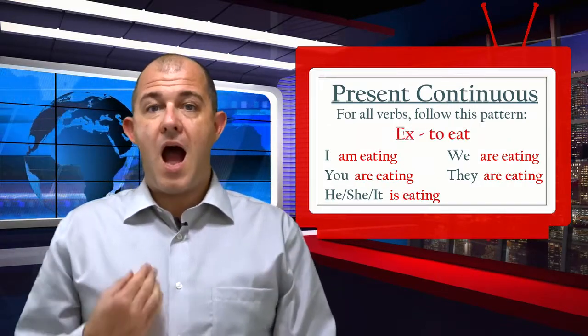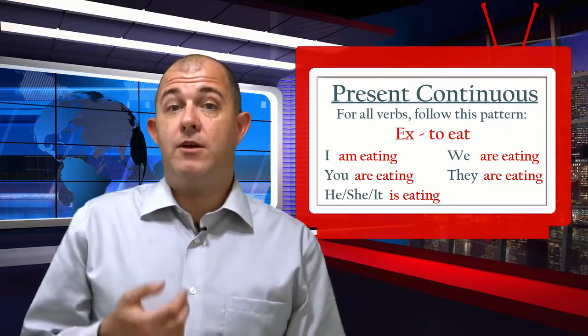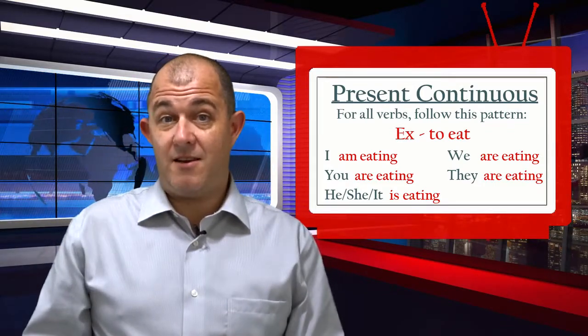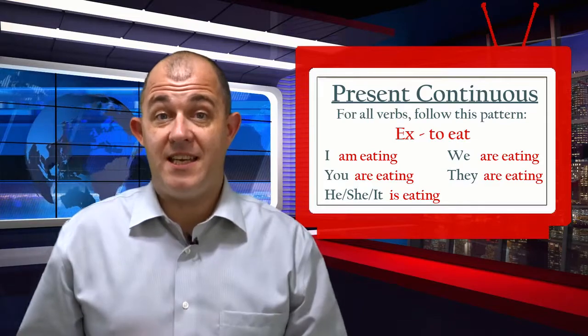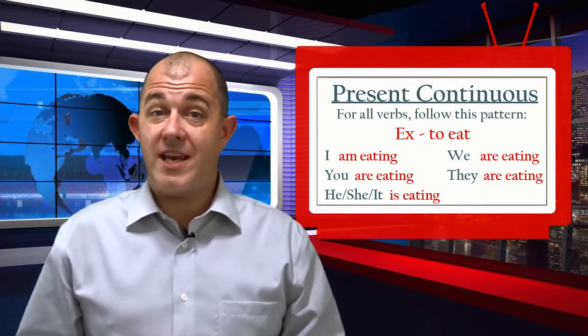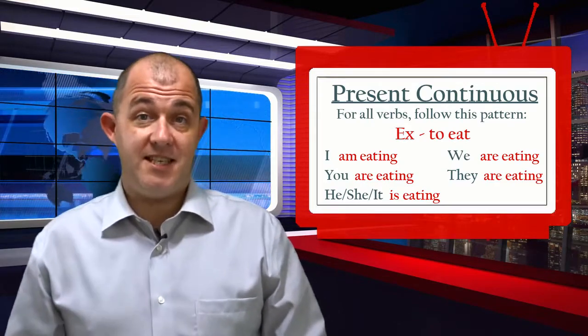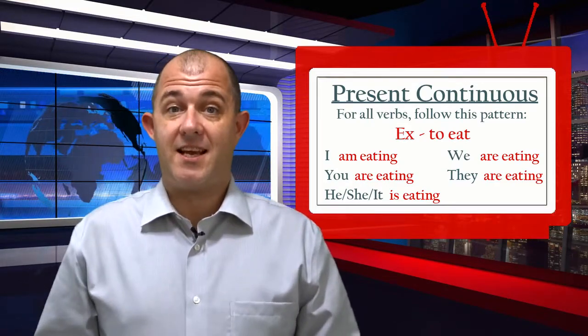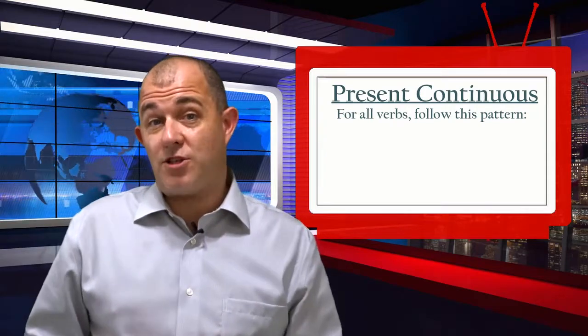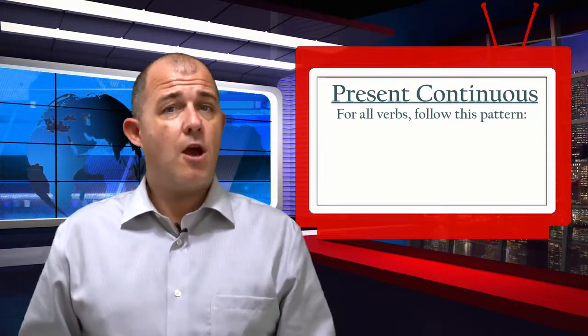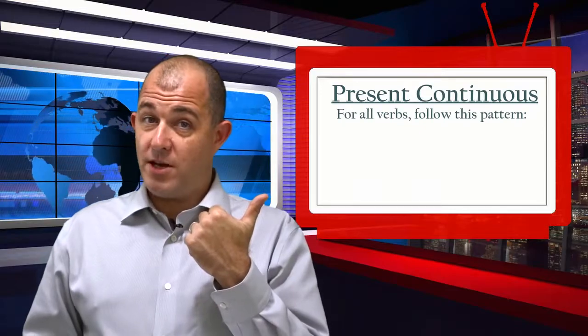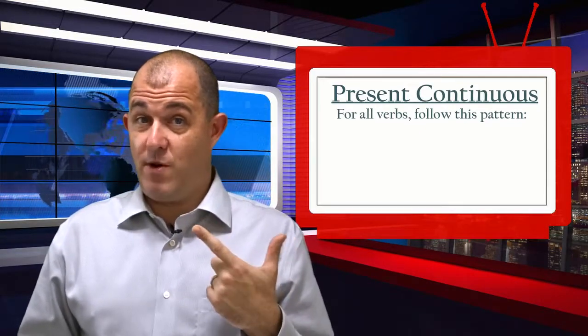For example, I am eating, you are eating, we are eating, they are eating, he is eating, she is eating, it is eating. When asking questions in present continuous, we can also ask yes/no questions or information questions.